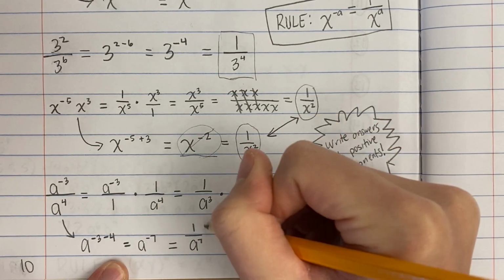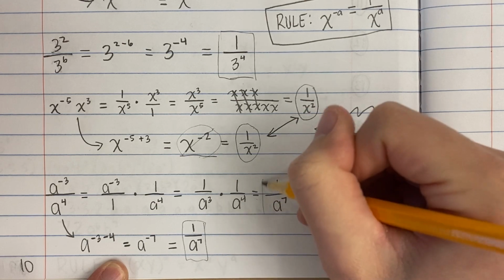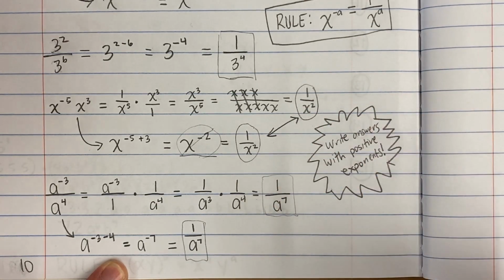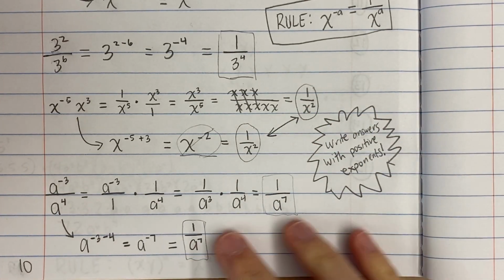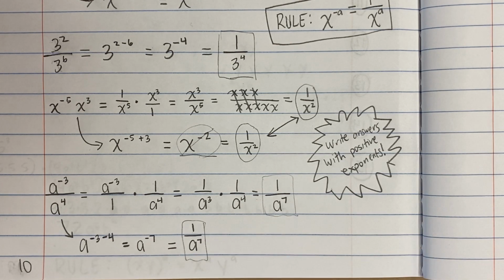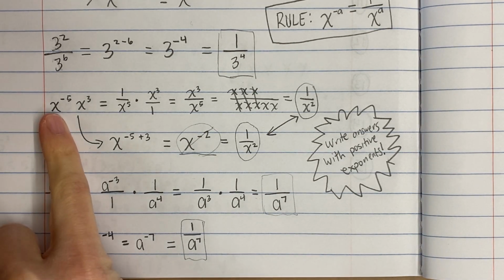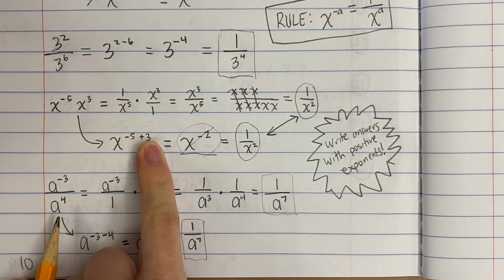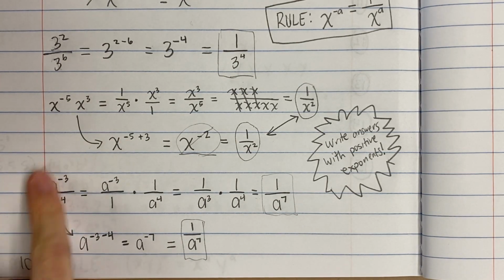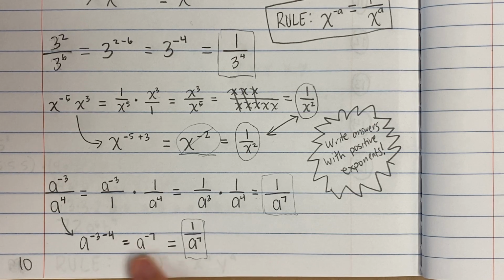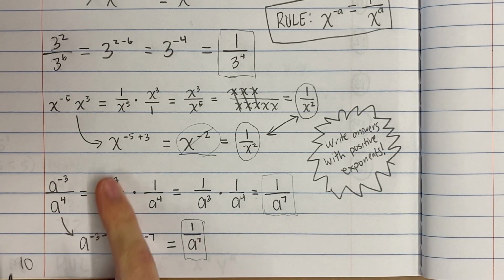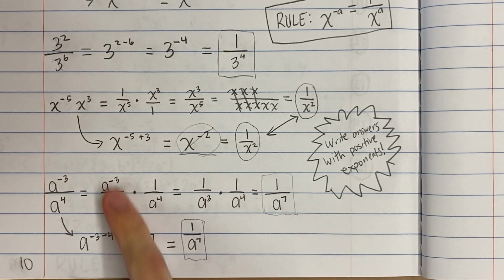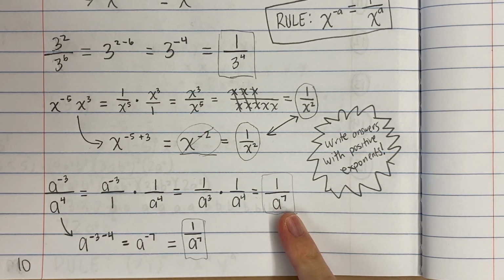Again, same answer, two different ways of thinking about it. Whichever one clicks for you, do that one. Notice this rule always works. If I have two things that are being multiplied, I add the exponents. If I have a quotient, I subtract the exponents. That rule always works, and the reason it works is that I can break these fractions down based on what they mean, and it works out that way.